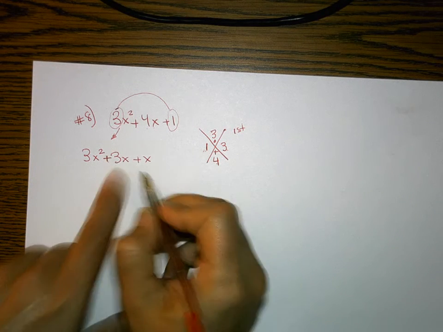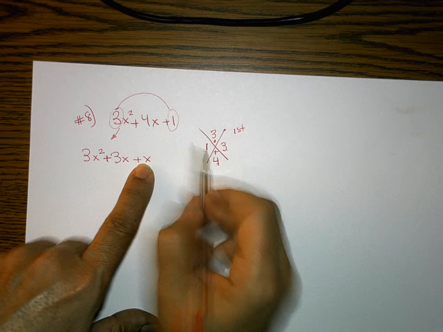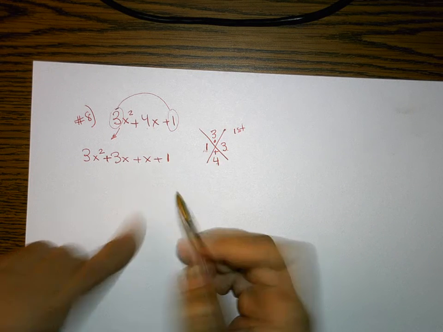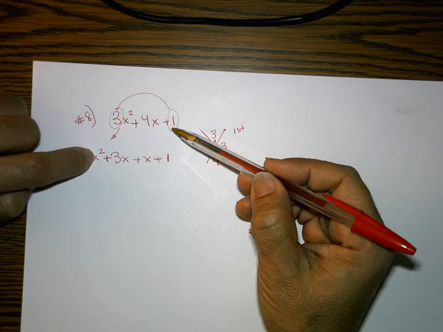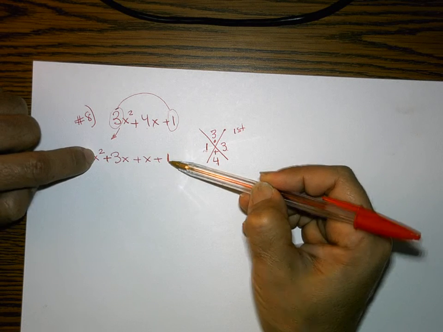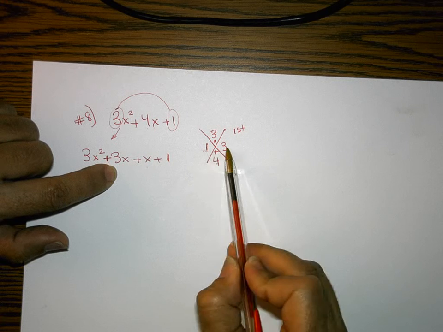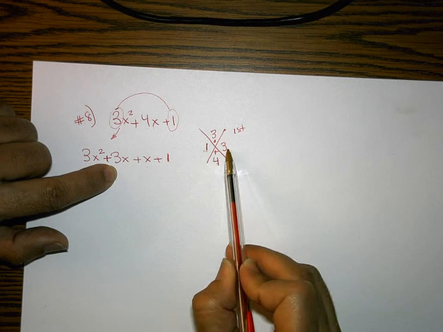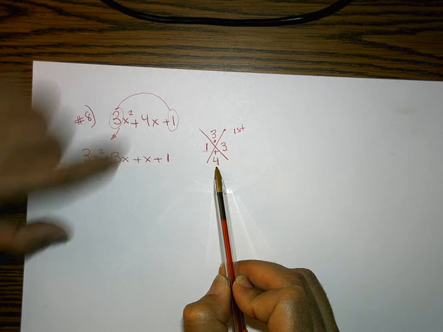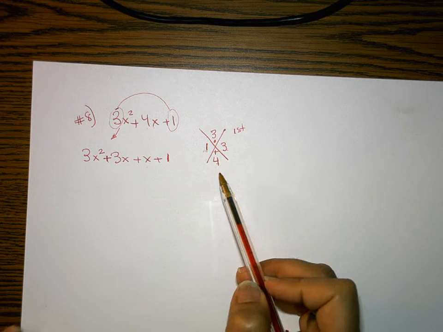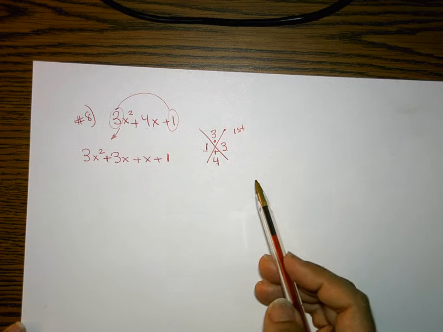You have to repeat the first term and the last term, and the middle term you rewrite from those factors. That's why these two factors have to add up to the middle term, so we can rewrite it.